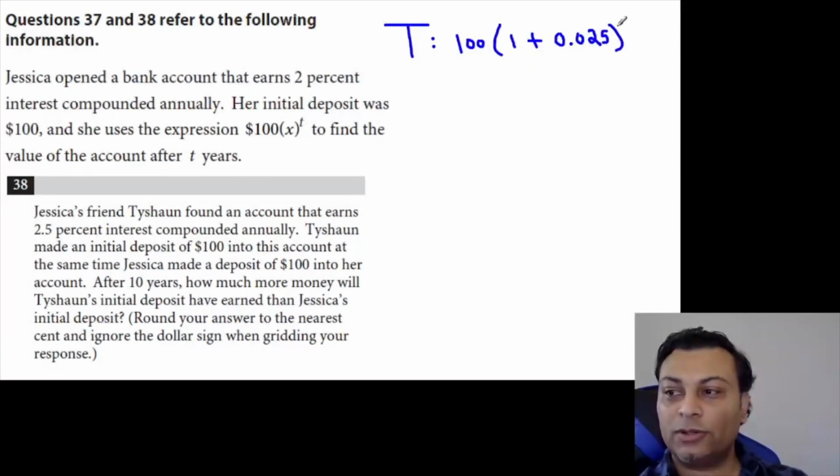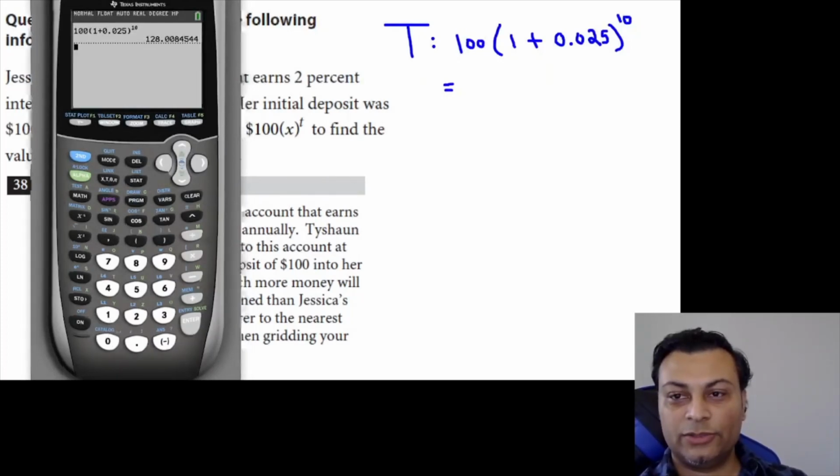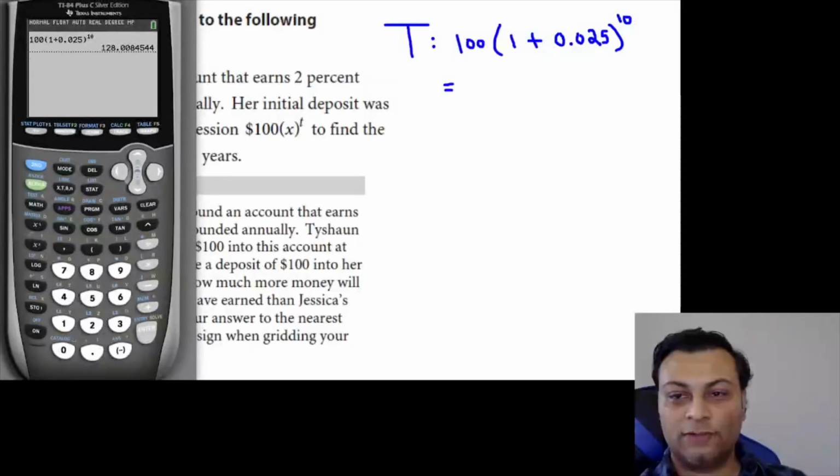He does it for 10 years, and let's go ahead and put all this in the calculator. 100 times 1 plus 0.025, that's 2.5%, to the power of 10. 128.00845 and so on.